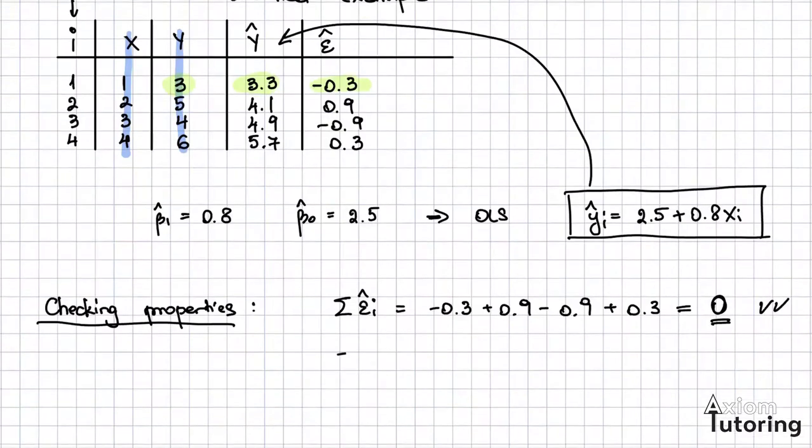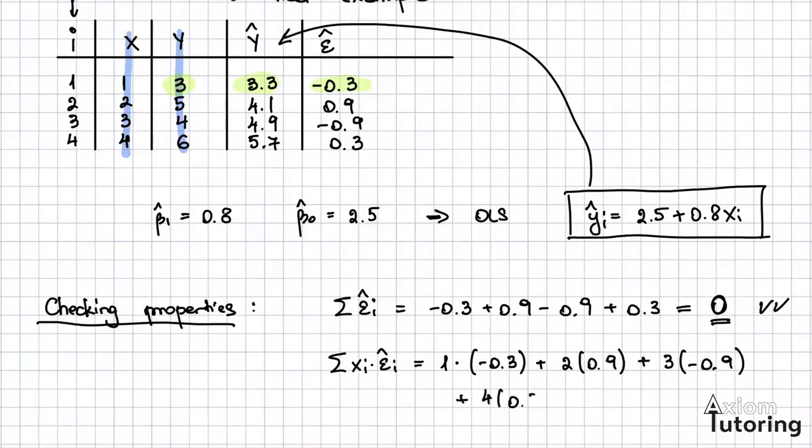Let's check the second property, which was that the sum of xi times the residual is going to give me 0. So in here, I will have 1 times minus 0.3 plus 2 times 0.9 plus 3 times minus 0.9 plus 4 times 0.3.